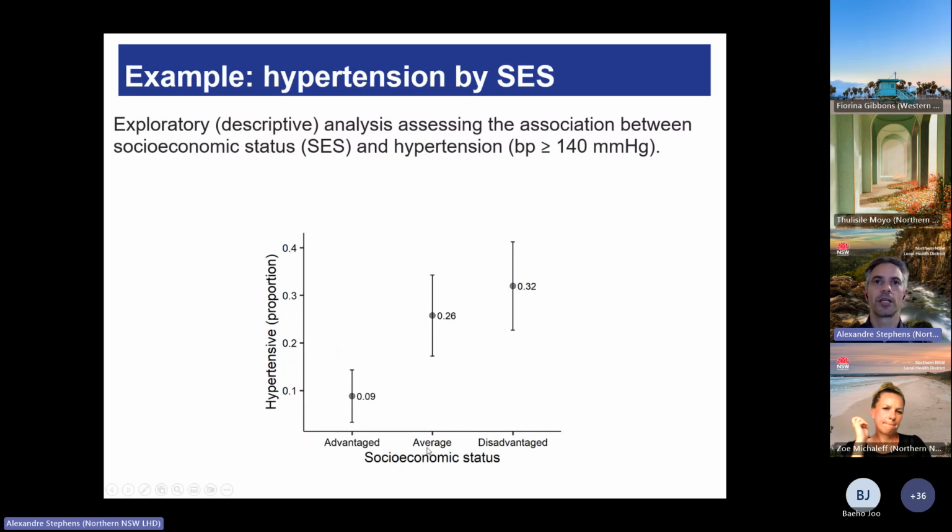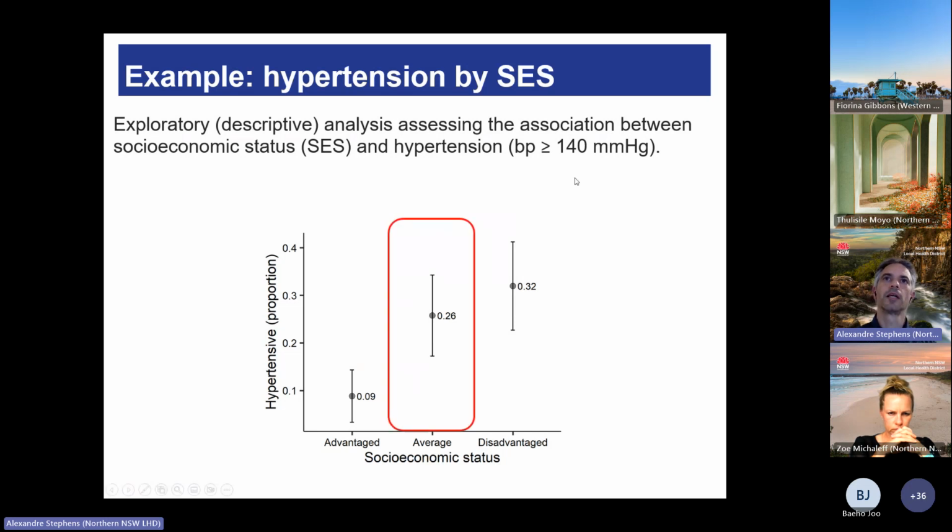We've got advantaged, average and disadvantaged. See the proportion hypertensive in the advantaged group is 0.09, so it's very low. Slightly higher in the average group, so just over a quarter are hypertensive, and then again, slightly higher in the disadvantaged group. Now, the way the analysis of categorical data works is we typically choose one of the study groups to be the reference level.